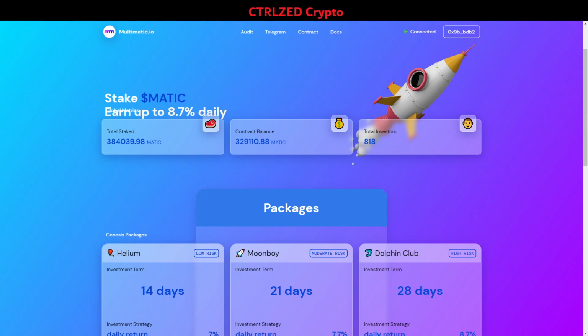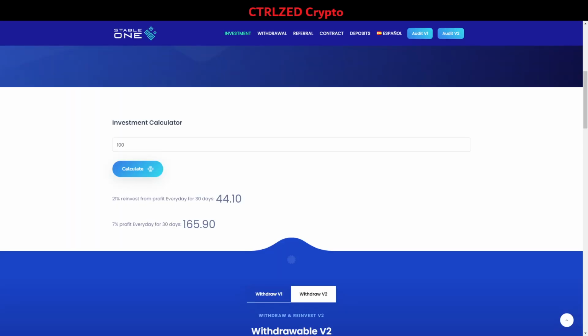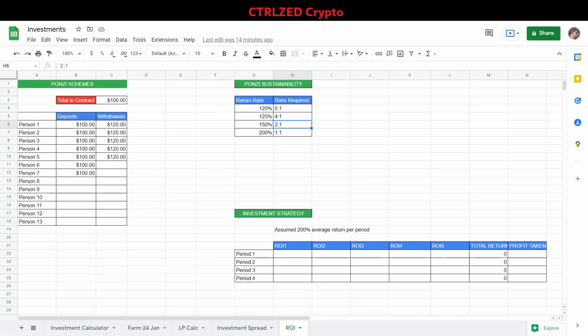So I guess the next question is, now that you know that these are essentially Ponzi schemes by definition, I would say there's not much of a difference between how I've outlined a Ponzi scheme works and how these ROI apps work. They basically use your later deposits to pay for early withdrawals, and they burn out once you start running out of new people to enter it.